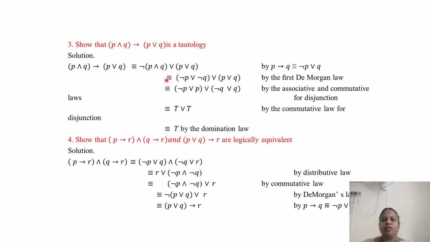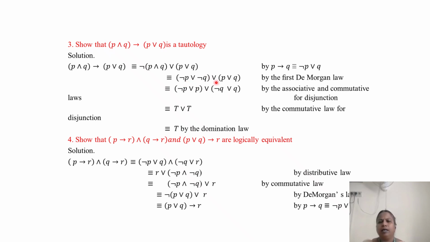Now it is equivalent to, now we apply De Morgan's law for the first statement, that means negation of P and Q. Negation P or negation Q. Using De Morgan's law, we get this. We are not disturbing the second statement, P or Q. Next we take negation P or negation Q or P or Q. Just we are using the associative and commutative laws.